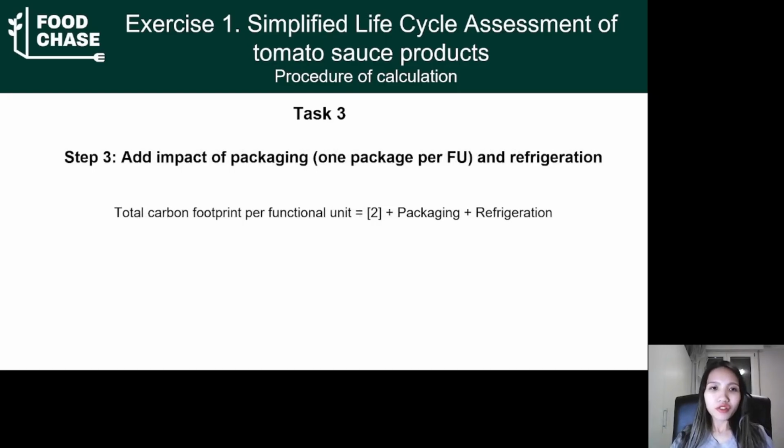So the total carbon footprint per functional unit is equal to the sum of the result you obtained in the second step plus packaging and refrigeration.